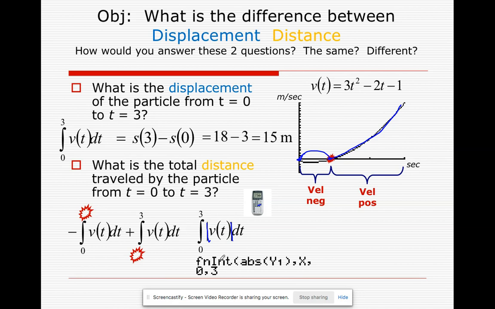Again, this is the older notation. Just make sure you absolute value the function and then take the antiderivative. Because if you don't, you're going to get 15, because the calculator is going to do the antiderivative first, get 15, take the absolute value of 15, and it'll be 15. You need to make sure to absolute value the function and then take the antiderivative, and then you will get 17. Practice that on your calculator, please. Don't forget your units.